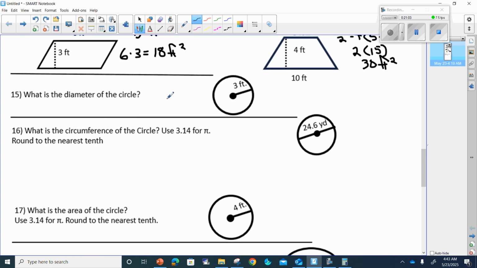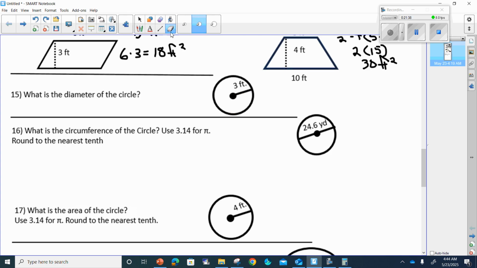15 says, what's the diameter of a circle? The formula for diameter is multiplying the radius by 2. We know a diameter goes all the way across because it makes the letter D. We know the radius goes halfway across because it makes the letter R, or at least a small r.